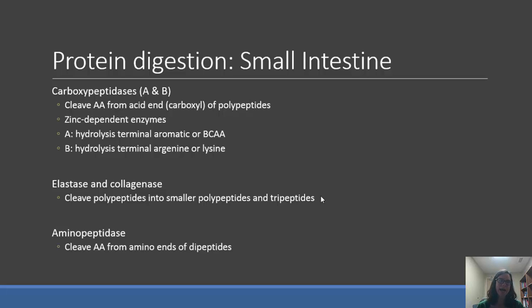Carboxypeptidase A hydrolyzes the terminal aromatic or branched chain amino acids, and carboxypeptidase B hydrolyzes terminal arginine or lysine.